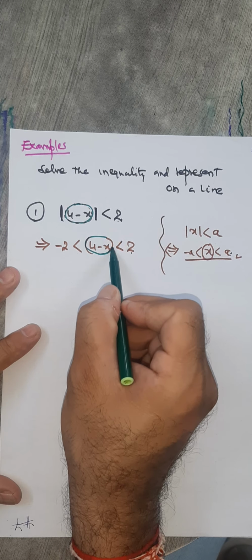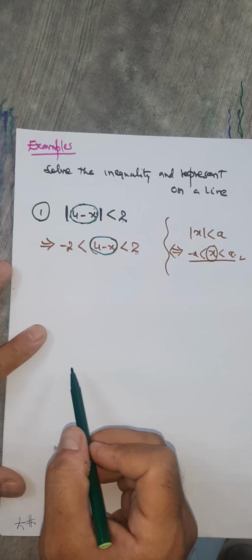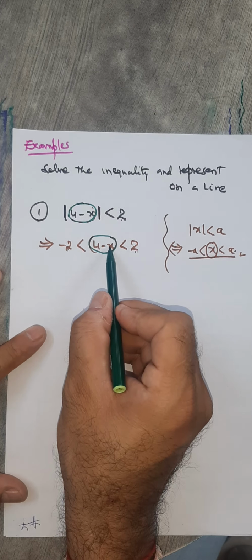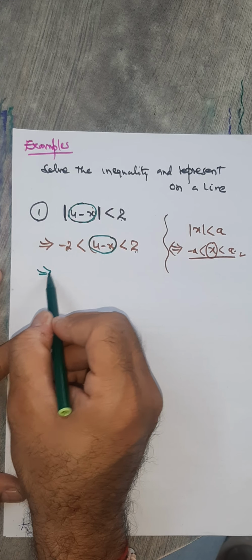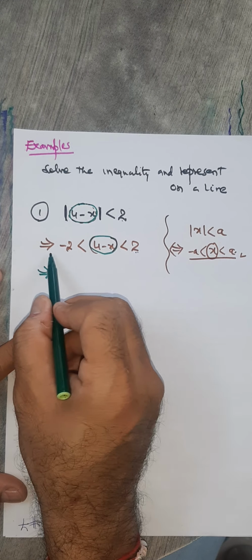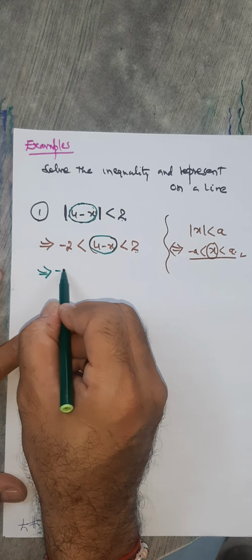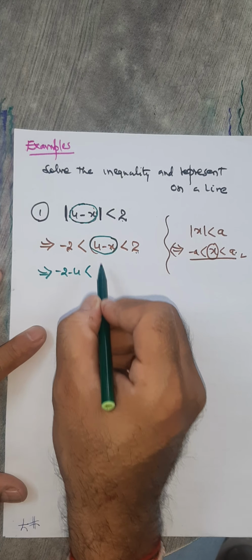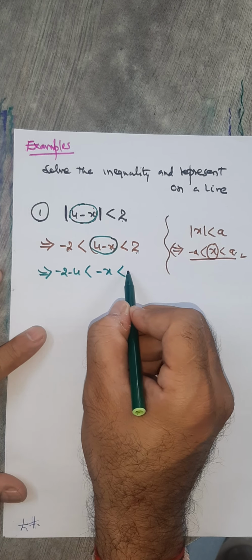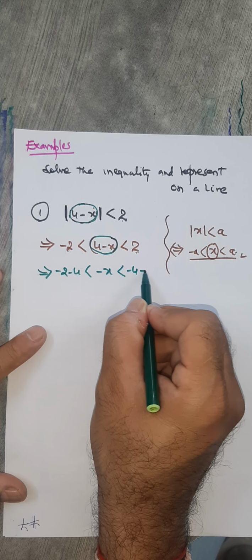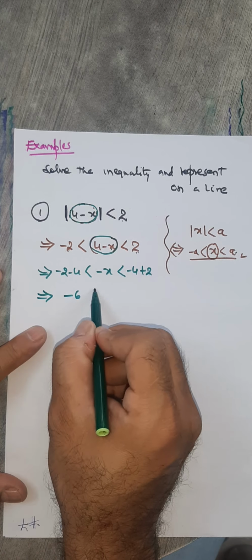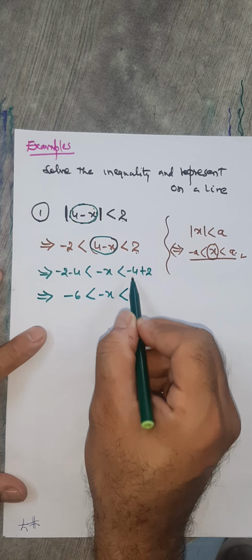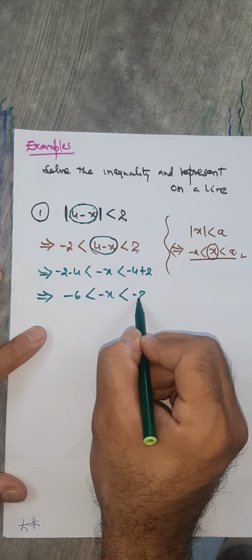So it is between minus 2 to plus 2. Now you are interested to find x. So first I need to eliminate 4. Now as we did in the earlier question, I need to subtract 4 throughout. Minus 2 minus 4, 4 will get cancelled. Minus 4 plus 2. Subtracting 4, this is minus 6 less than minus x less than minus 2.